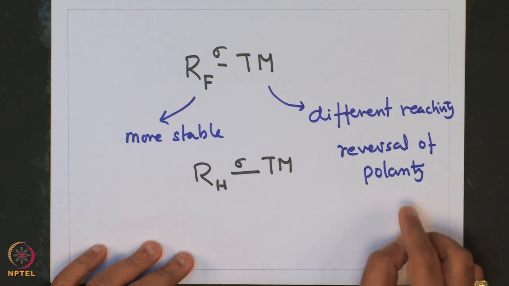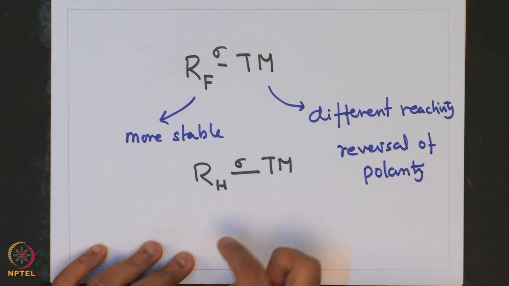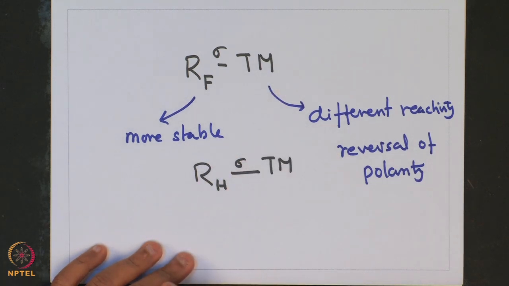Because of this reversal of polarity, the reactions which would happen naturally for transition metal sigma alkyl complexes do not occur or go the opposite way for transition metal perfluoroalkyl complexes. So, that leads to a very interesting complementary comparison between these two types of complexes, which are both of sigma types, but they show very different reactivity and property as well as their stability.